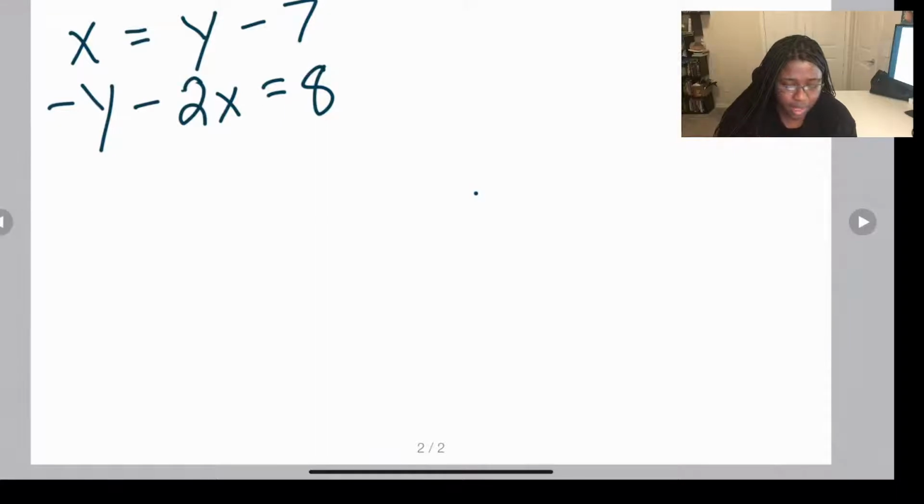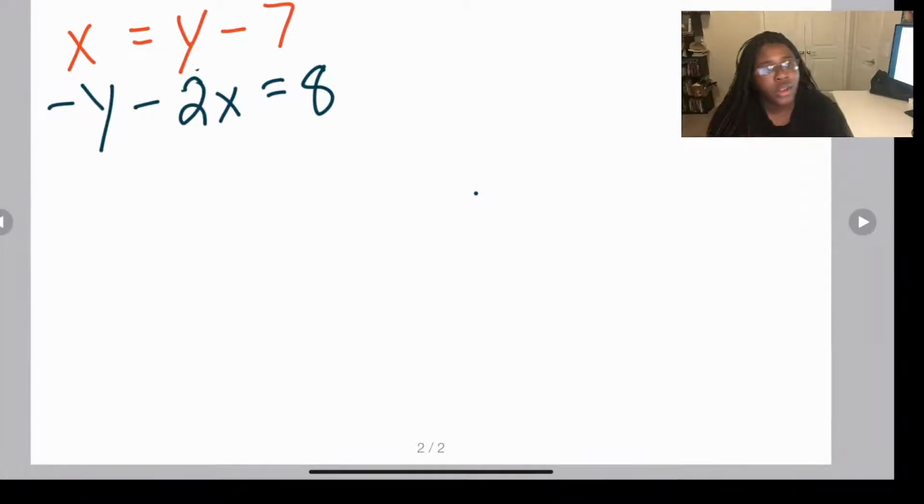I'm going to use a different color for that x, so you can kind of see what's going on. So x equals y minus 7.